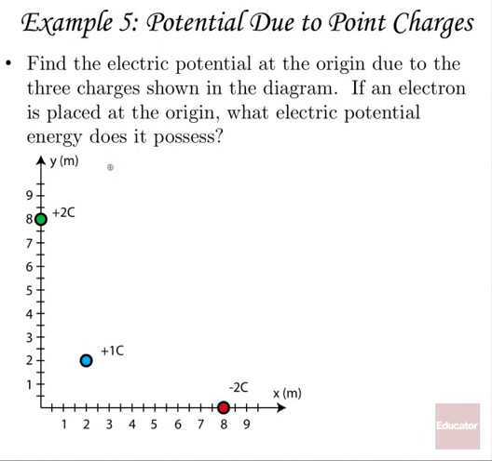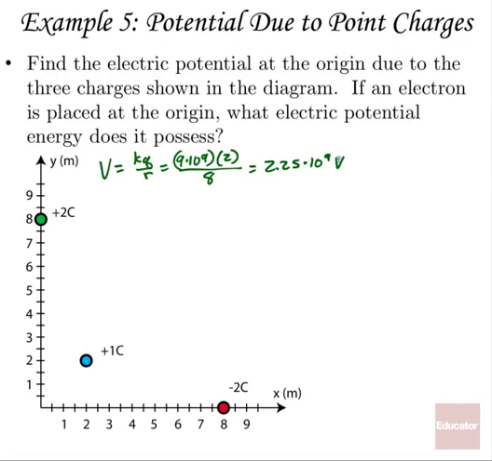So the potential due to the green charge, that's going to be KQ over R, or 9 times 10 to the 9th newton meters squared per coulomb squared. Our charge is 2 coulombs, and our distance from the origin, 8. So that's going to be just 2.25 times 10 to the 9th volts.